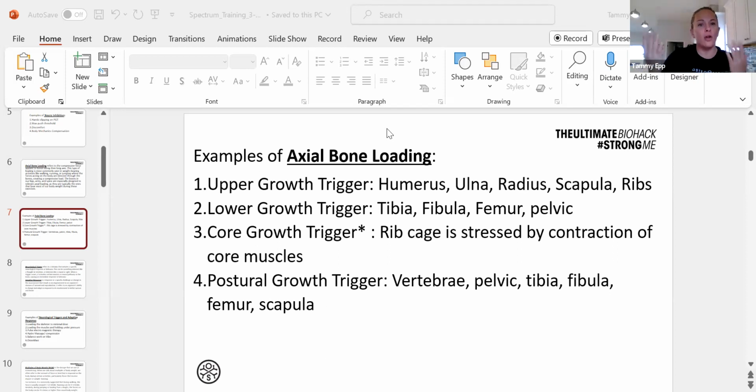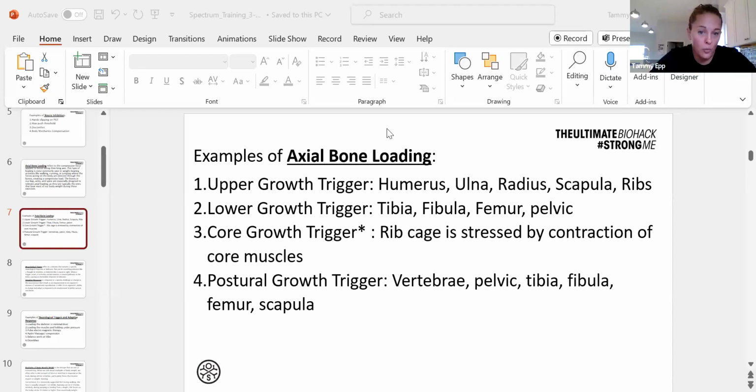And so the core, the CGT, does two things. One, it stresses the rib cage by contractions of the core muscles, but two, it gets your body ready for the postural. It gets your rib cage ready, it gets your spinal column and your vertebrae system, your whole center ready for that postural growth trigger.